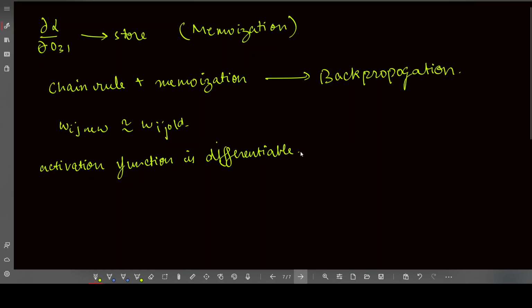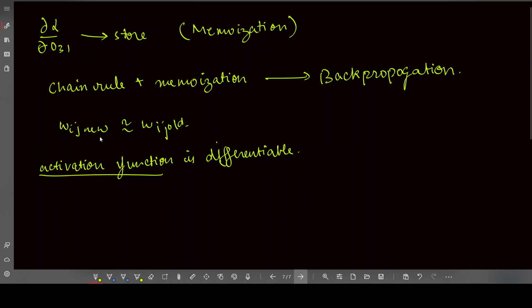Because if it's not differentiable, you can't possibly perform chain rule on it, and that's the reason why backpropagation won't work or won't converge. So you have to make sure that your activation function is differentiable.